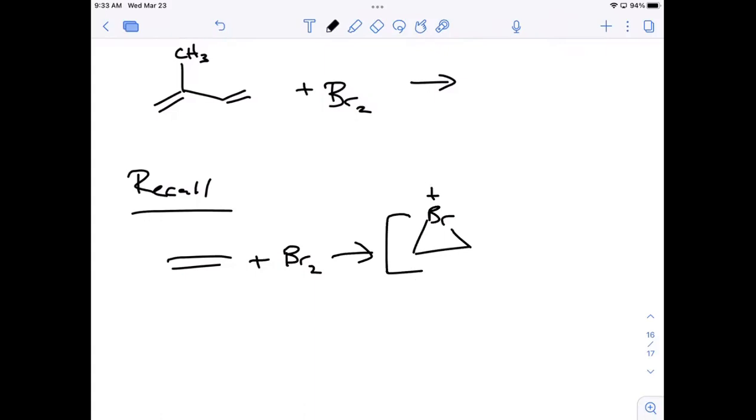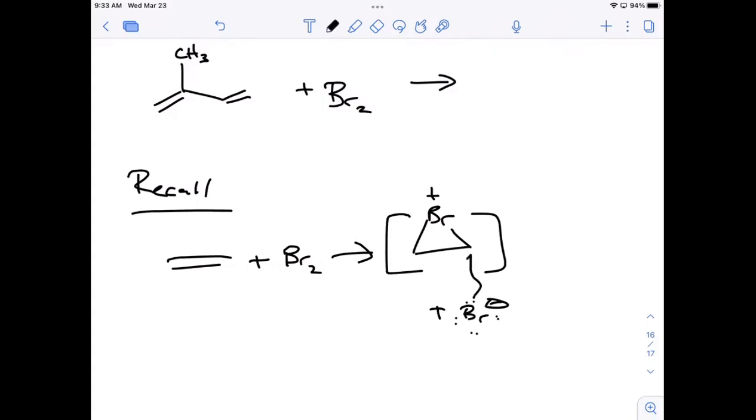So this is the intermediate plus Br minus. Is it coming back to you now? Like boomerang?